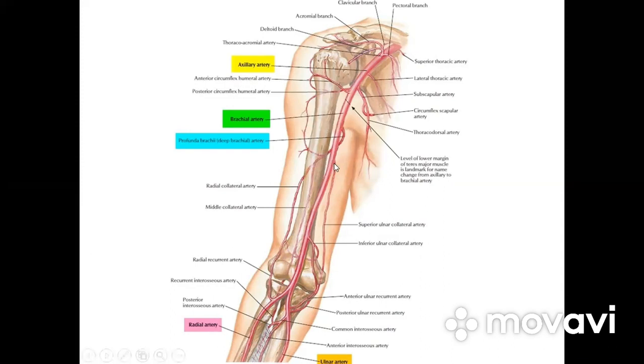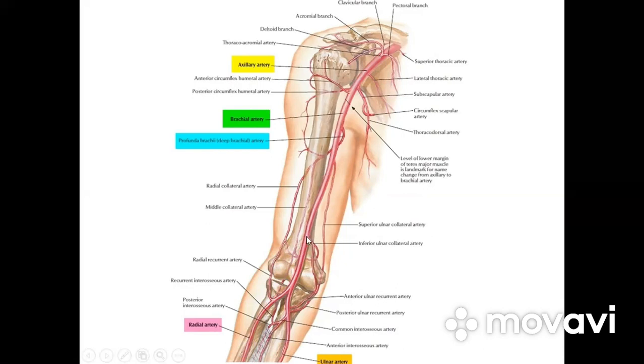The next branch, which begins from the brachial artery, is the superior ulnar collateral artery, which continues downward on the posterior side of the arm and lies in the posterior medial ulnar groove. It will make an anastomosis with the recurrent artery.